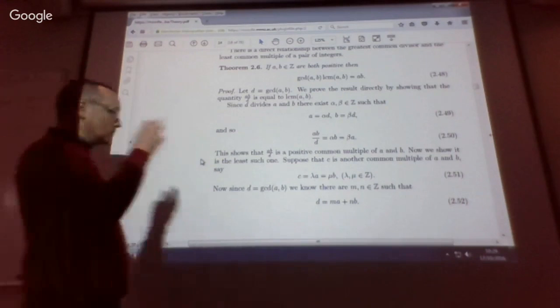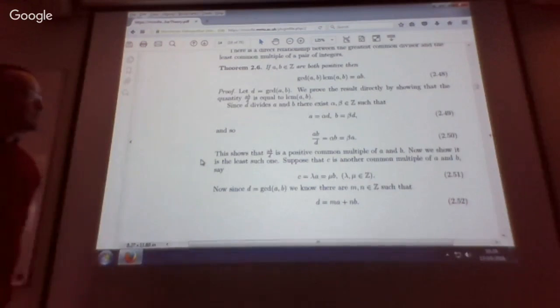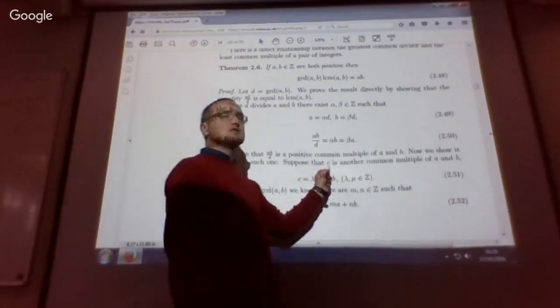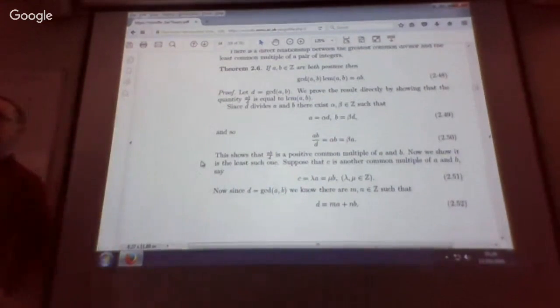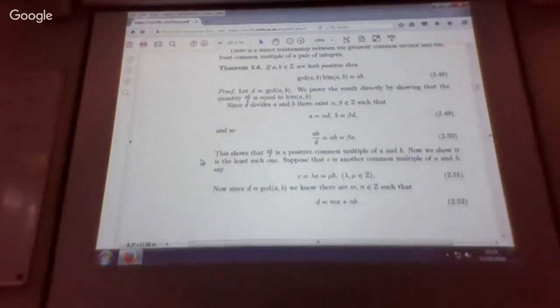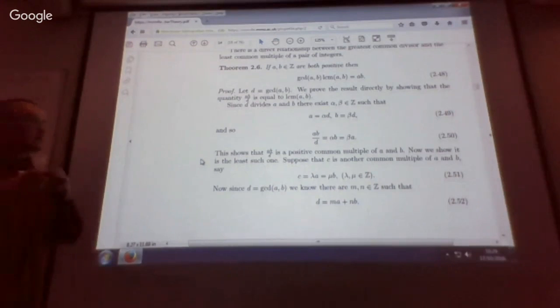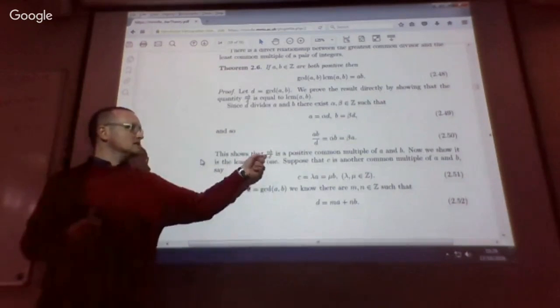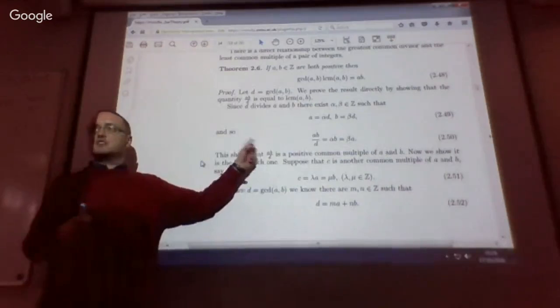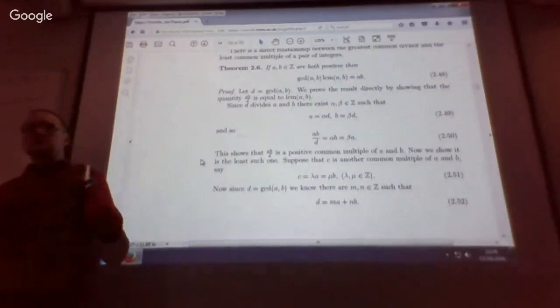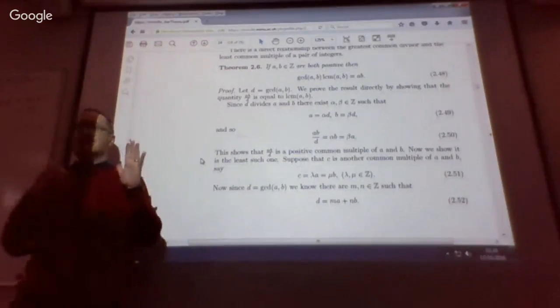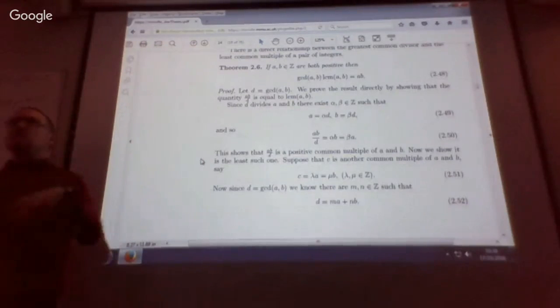Well, the way we prove that is we take any other common multiple at all, C. So we take into our picture a general common multiple, C of A and B, then our task will be to show that this number, we're trying to show the LCM, we want to show that that is less than C. So in that way, if we show that it's less than any other common multiple, then it has to be the least common multiple.